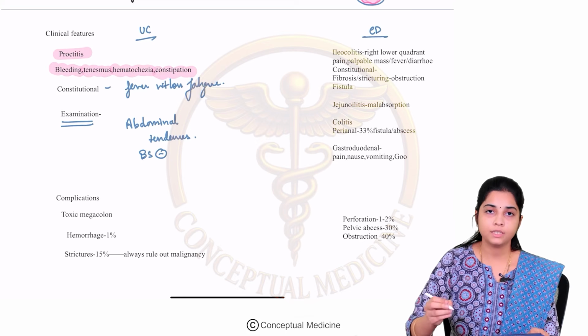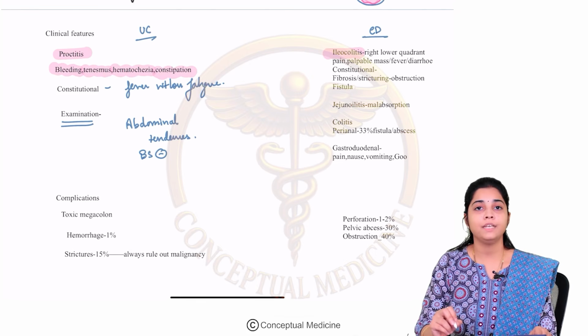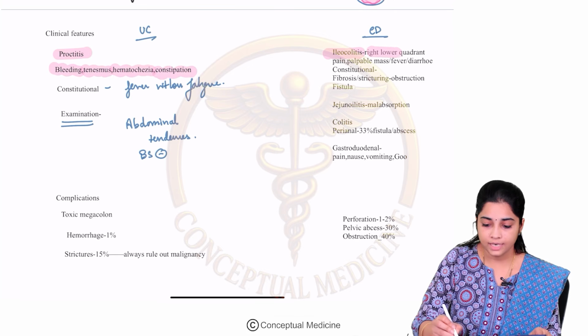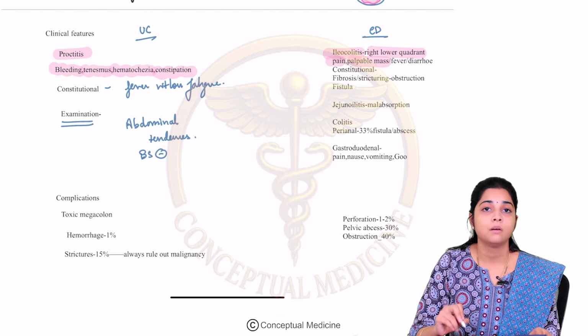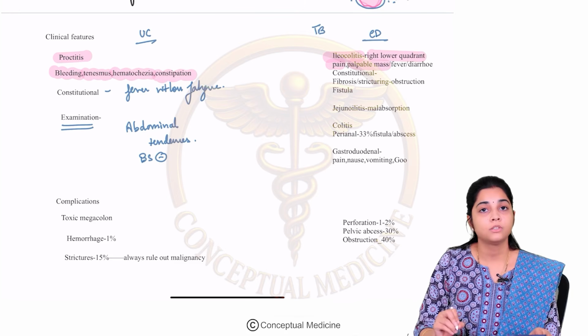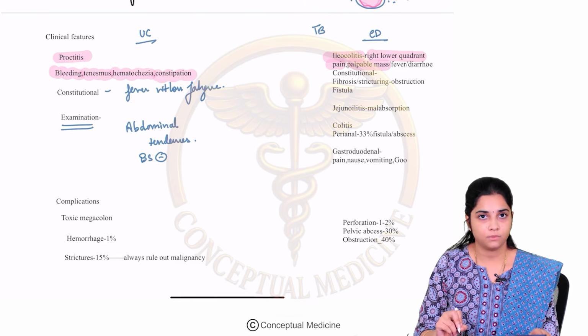Crohn's disease predominantly affects the ileum. So you can have ileocolitis, right? Ileocolitis results in right lower quadrant pain with a palpable mass. Crohn's disease is one of the greatest mimickers of which disease? It can be confused with TB, because abdominal tuberculosis can also present as a mass in the right lower quadrant.